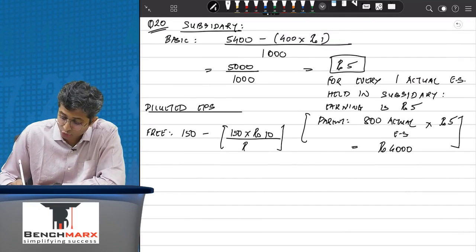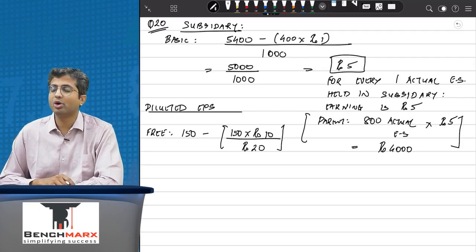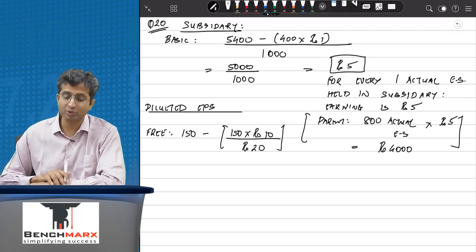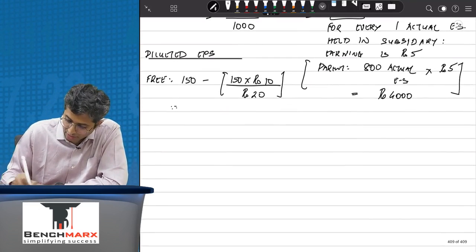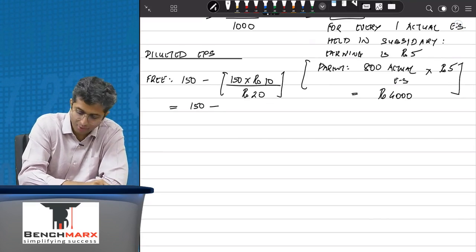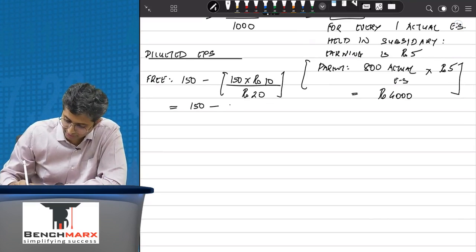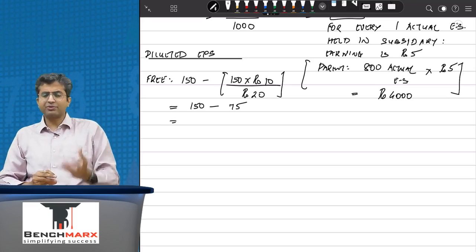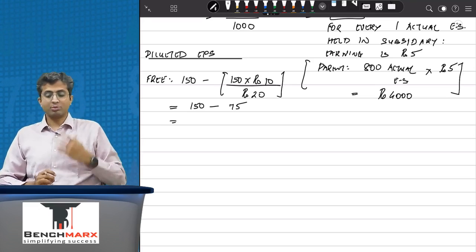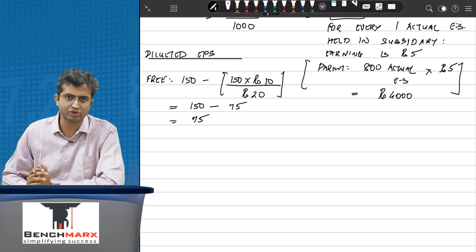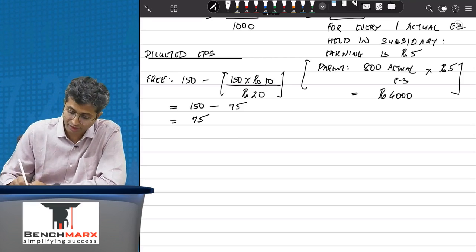Probably we will use this money to buy back our own equity shares. But when you go to buy back your own equity shares, you will have to pay rupees 20. So this is 150 minus 1,500 upon 20, which is 75. And hence, you can issue 150 shares, get 1,500, use that 1,500 to buy back 75 shares, but at the end of it, there are still 75 incremental shares which remain, which are your potential equity shares.